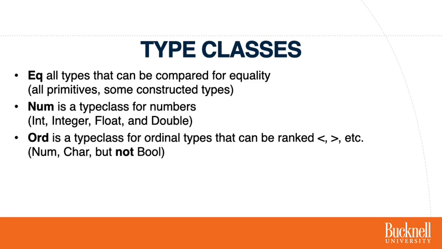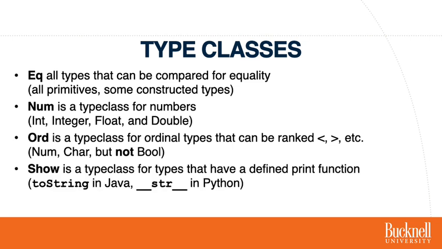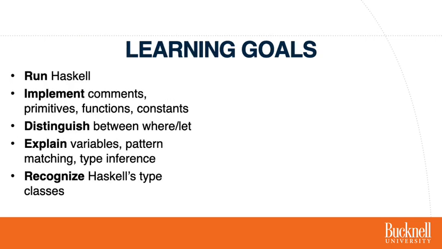This includes numbers, characters, but not booleans. Show is a type class for types that have a defined print function. This is a bit like toString in Java or __str__ in Python. There are more type classes than this, but these are the ones you're likely to encounter.